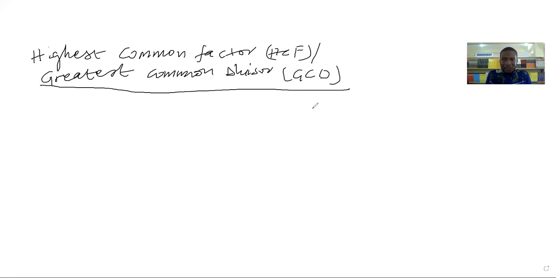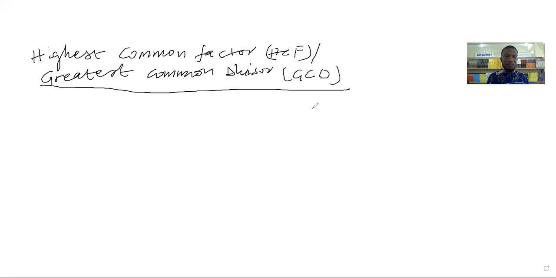But just like the first one, the mistake most of my students keep making is that when they are listing the factors, they forget one or more of the factors, and that makes their work wrong at times. So by using this method, you are going to avoid that mistake. Let's take two examples again.